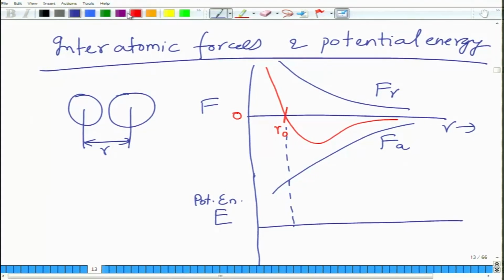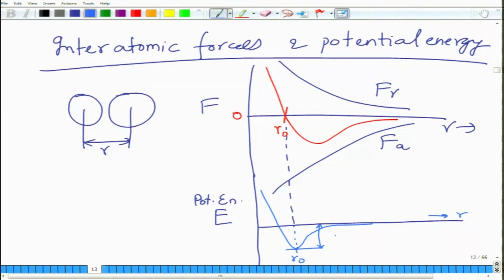So, if you plot it, the potential energy looks something like that, and this is the distance r naught at which you have a potential energy defined as E naught, or W naught depending upon how you write it.